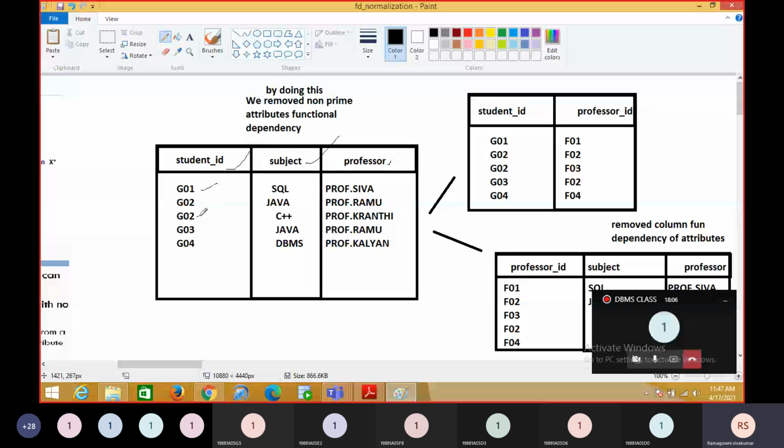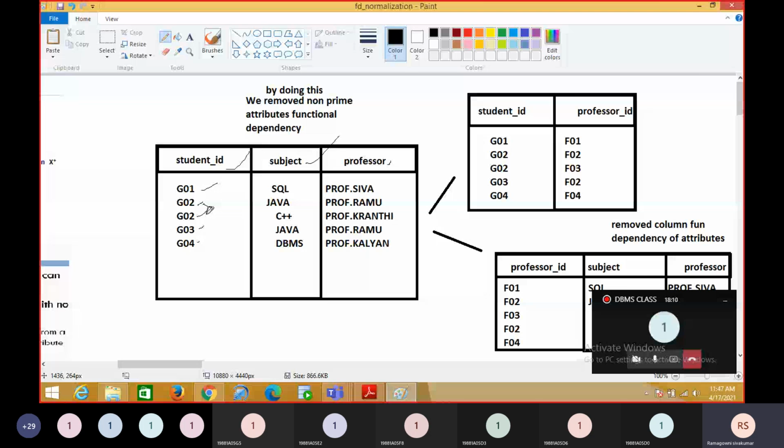The subjects are SQL, Java, C++, Java. The professor Ramu is duplicated, which means he is teaching multiple subjects. The students are taking multiple courses. One student has taken C, Java and C++.